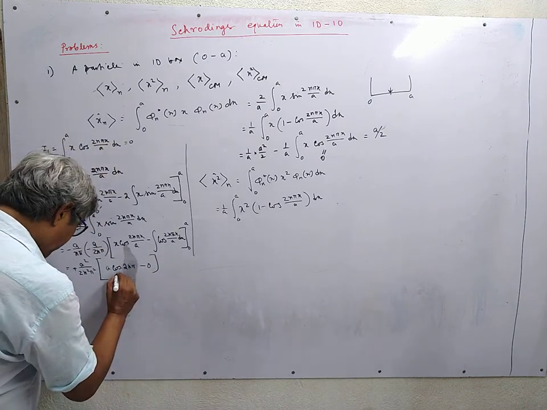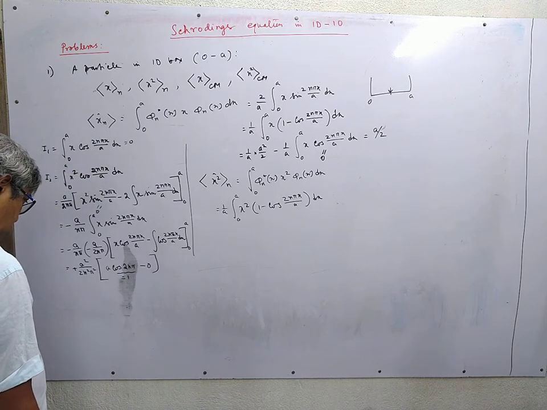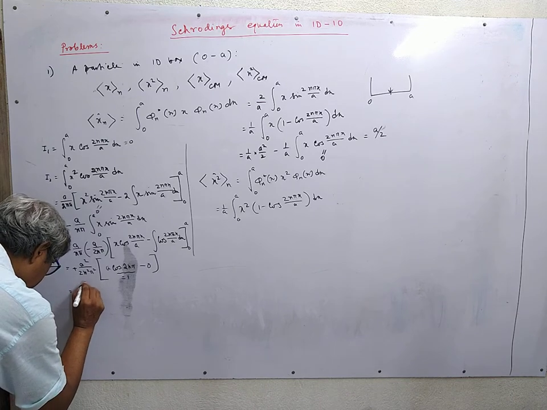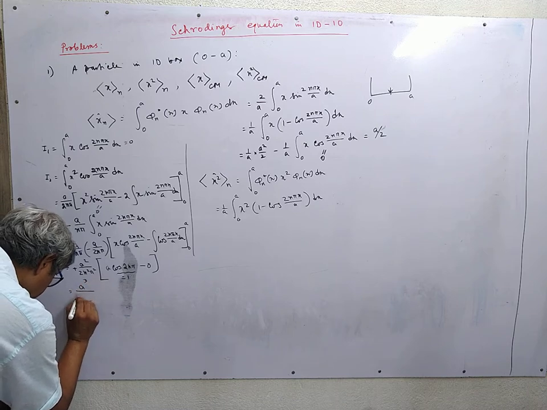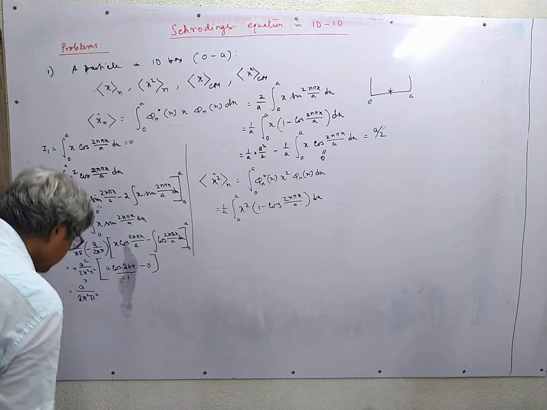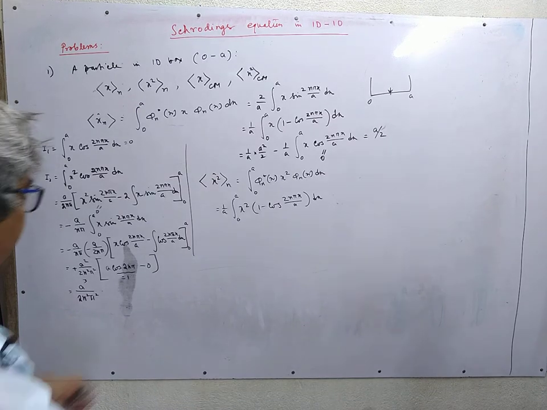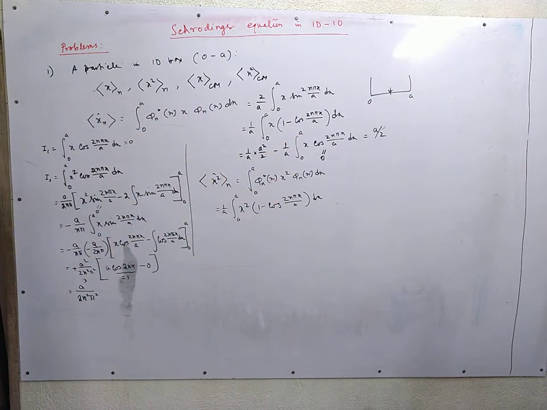And this is equal to 1. And on putting this value over here, we can calculate the x square average.